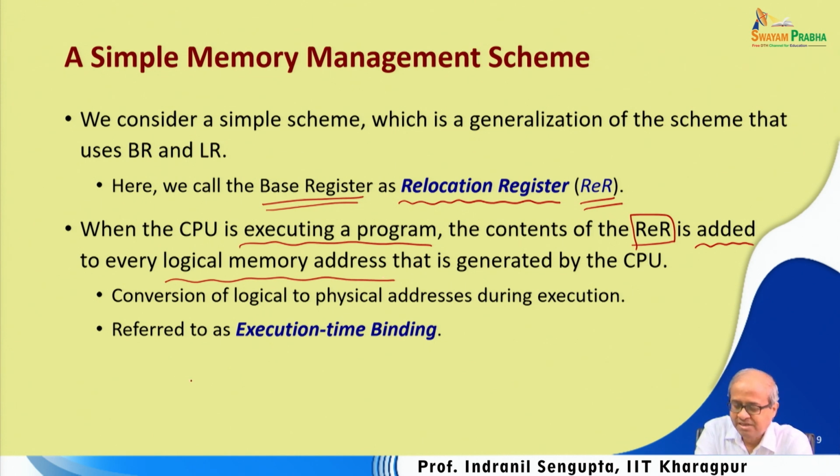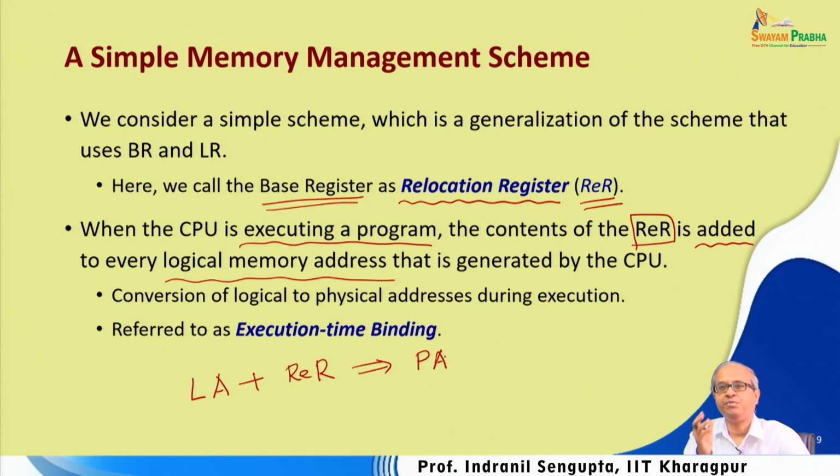So, the logical address generated by the CPU, you add the value of the relocation register, and you get the physical address PA. This is of course for simple contiguous allocation, assuming that the whole process is in one contiguous place in memory.